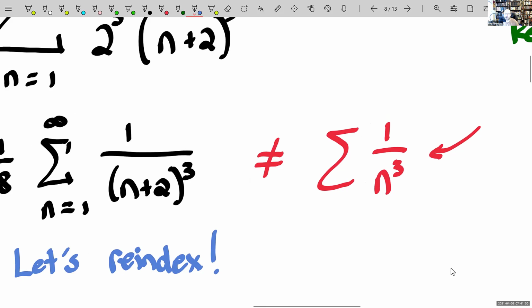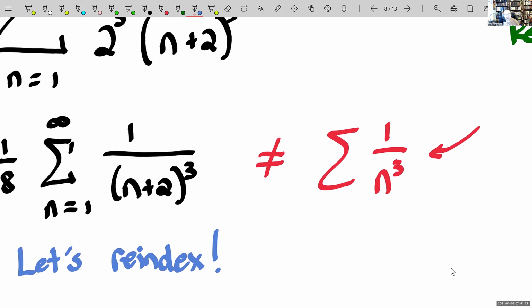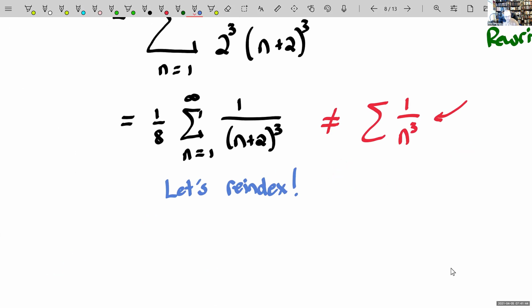It basically is 1 over a picture cubed right now, but I need that picture to be the same thing as this variable right here. Notice it's an n plus 2, not an n. So let's trade out that n plus 2 for a different letter. We're going to let k equal n plus 2.